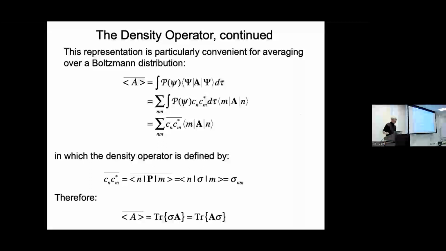Now, there's one bit of complexity or notation here that one should be careful of. This is what we've gotten so far. This density operator would be the density operator for the whole system.